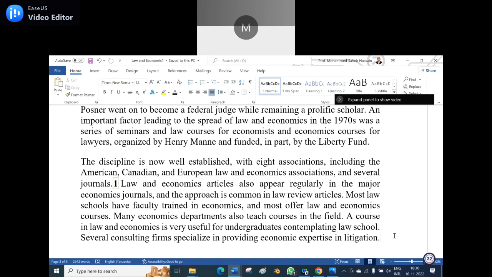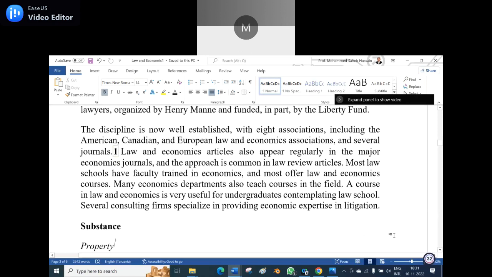Law and economics articles also appear regularly in the major economics journals, and the approach is common in law review articles. Most law schools have faculty trained in economics, and most offer law and economics courses. Many economics departments also teach courses in the field. A course in law and economics is very useful for an undergraduate contemplating law school. Several consulting firms specialize in providing economic expertise in litigation.